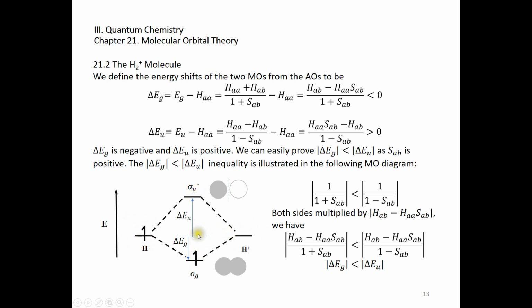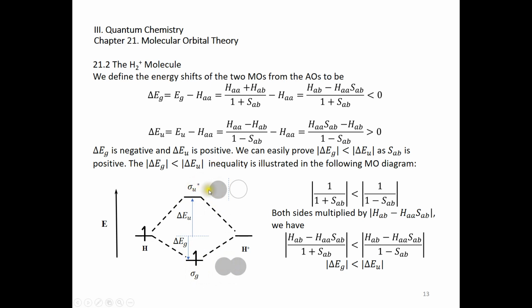We form two MOs. One is a bonding orbital, one is an anti-bonding MO. The bonding orbital has g symmetry, or gerade symmetry, and this sigma u is the anti-bonding orbital with u symmetry, or ungerade symmetry. This star means anti-bonding. In this sigma g orbital, we have overlap between these two atomic orbitals in the middle.